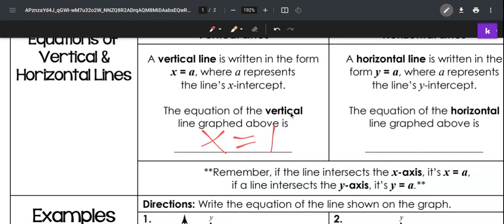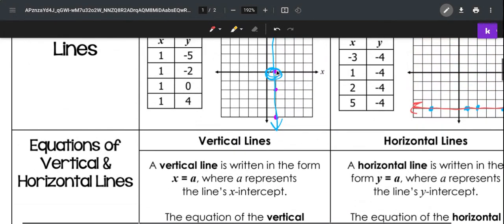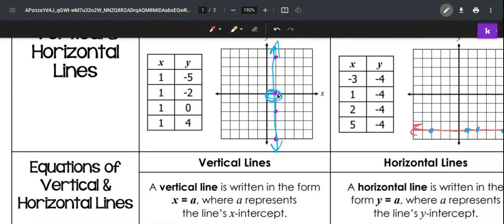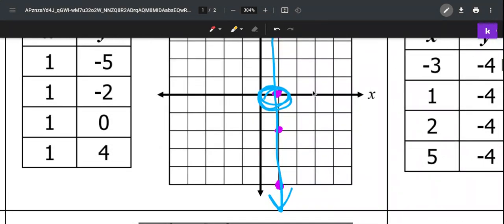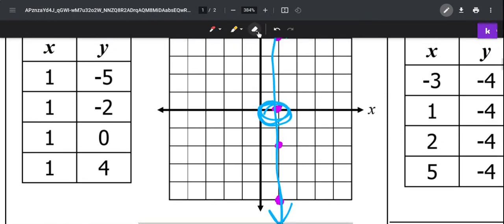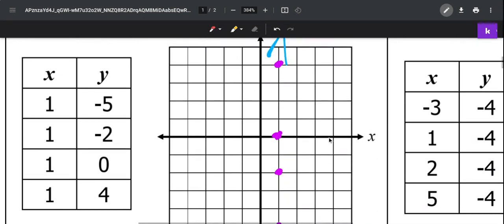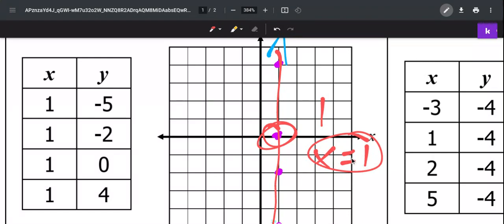All vertical lines will be x equals a number that corresponds with where our graph intersected the x-axis. If we got rid of all this, we could say, where did our straight line go through the x-axis? It went through at 1. So x equals 1 is the equation for that line.